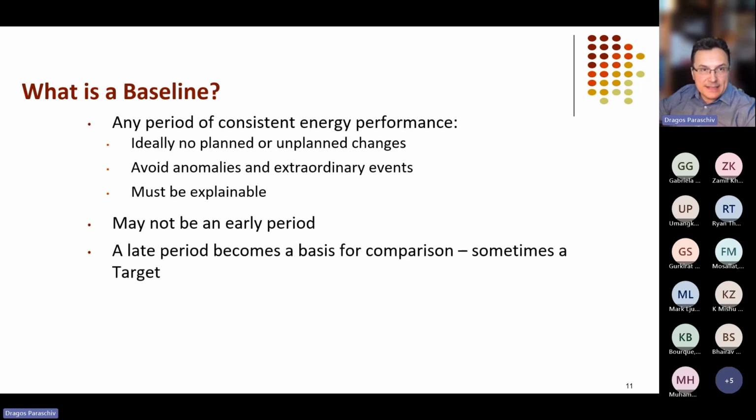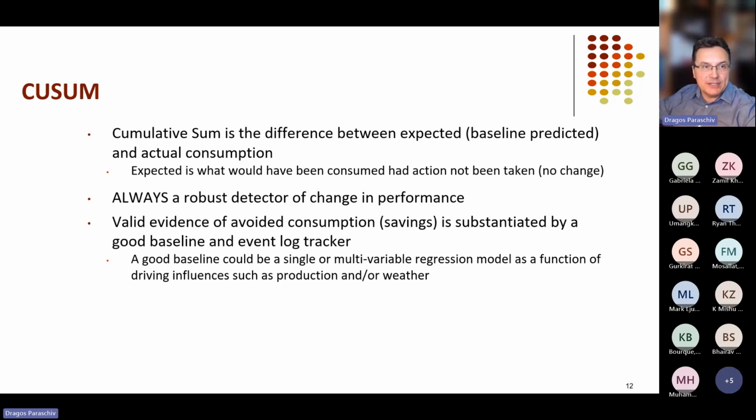Together with this RETScreen platform for performance analysis, beyond the baseline, which is developed based on a regression analysis, the statistical model, we use also cumulative sum. A cumulative sum allows us to track on a longer period of time the evolution of our performance. We want to see the project maintaining the savings and continue to accumulate these savings.